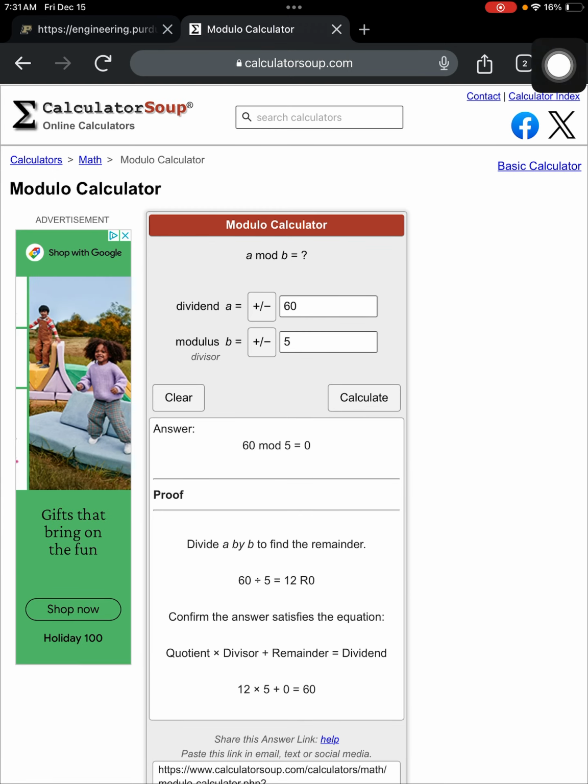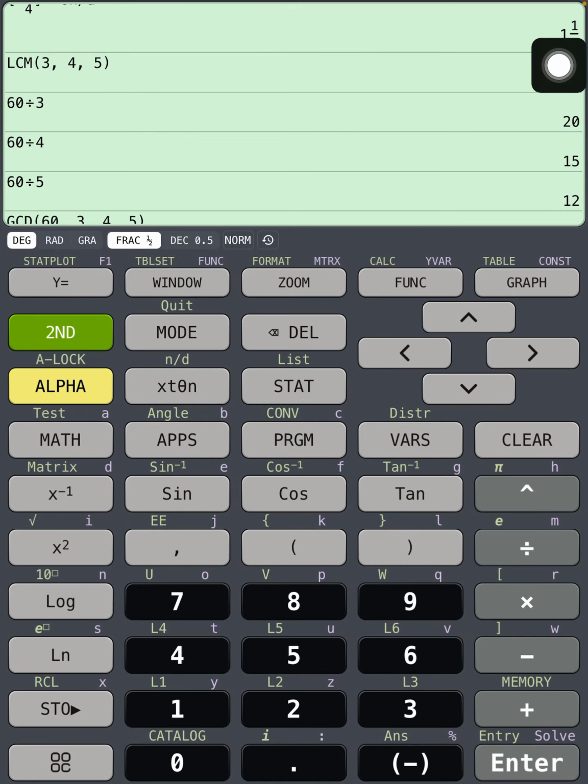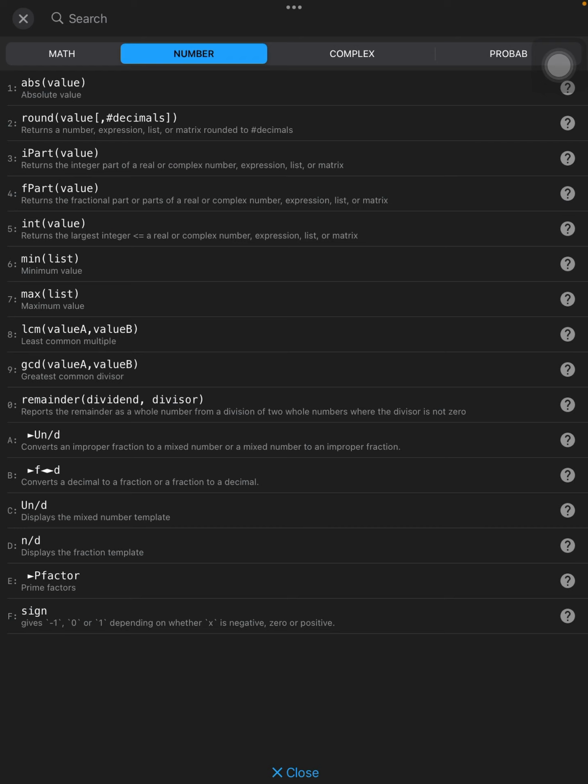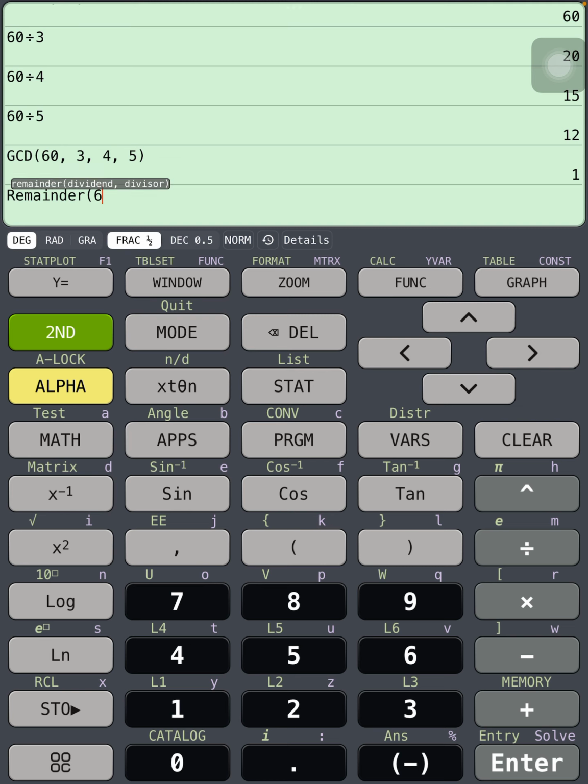So that's the modulo function, which is also in the calculator here, except it's not called modulo. You go into math and look at remainder, dividend and divisor, math number. And so we're going to get 60. These are just simple examples for today. 60 and 3, we get remainder of 0.